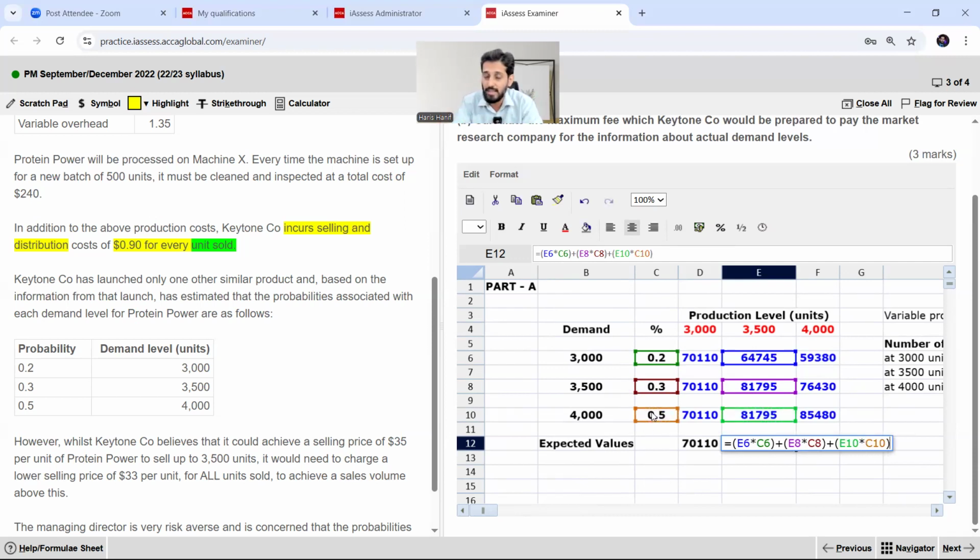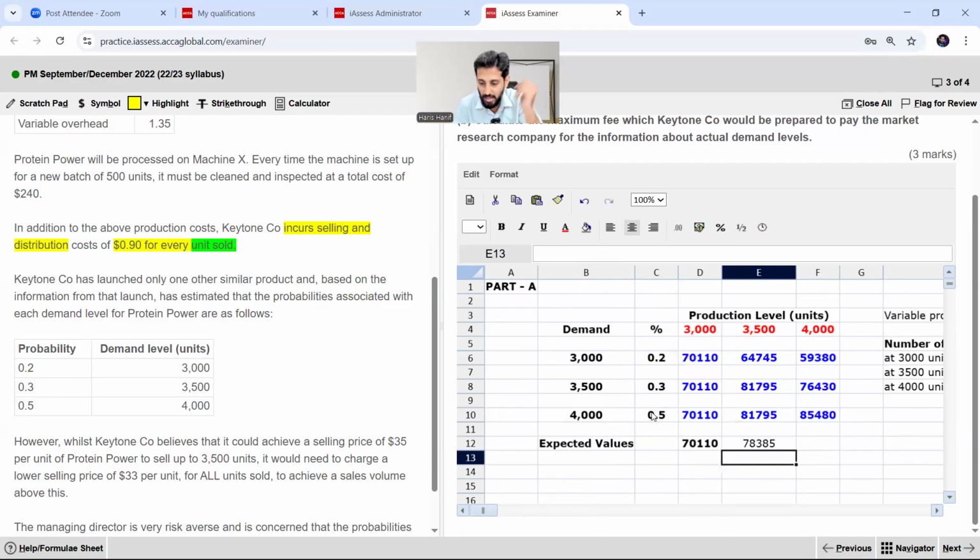Press enter, answer. Please remember, expected value is not of the uncontrollable factor. Expected value is of your decision making. Press enter, answer. And here it is expected value.